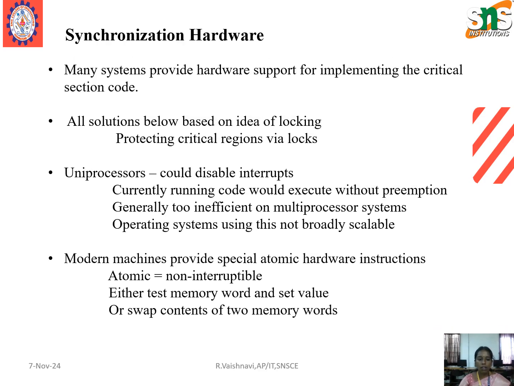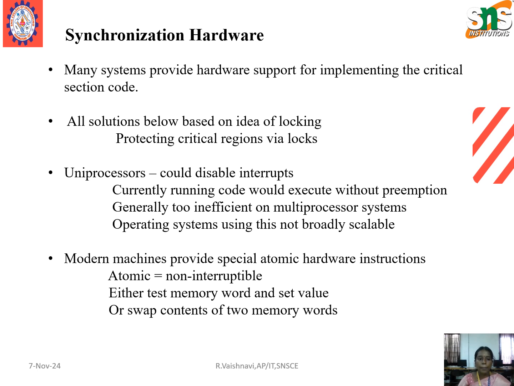Next one is synchronization hardware. Many systems provide hardware support for implementing the critical section code. First, all the solutions below are based on the idea of locking, that is protecting critical sections via locks.